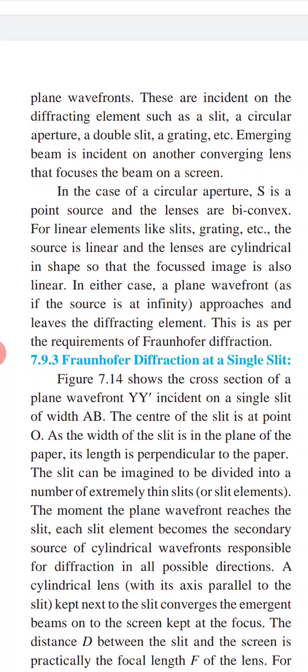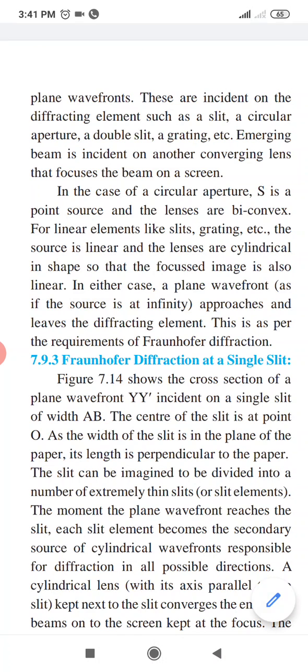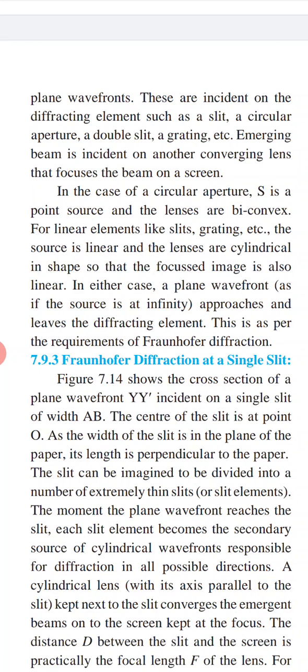In the case of a circular aperture, S is a point source and the lenses are biconvex. For linear elements like slits and gratings, the source is linear and the lenses are cylindrical in shape so that the focused image is also linear.